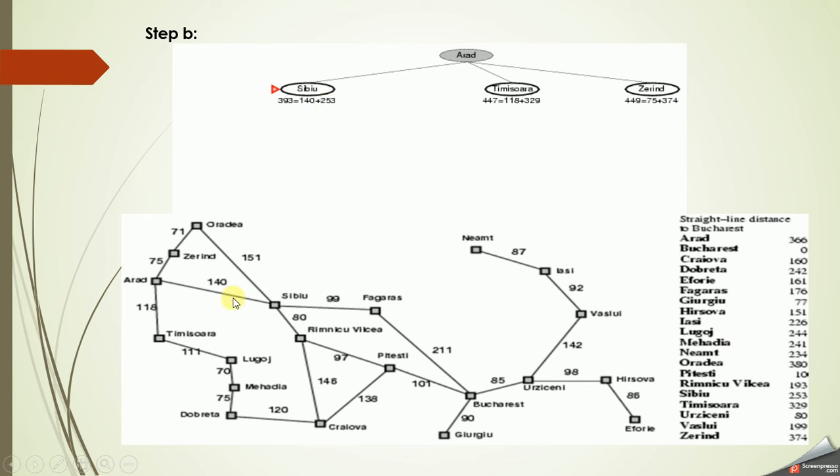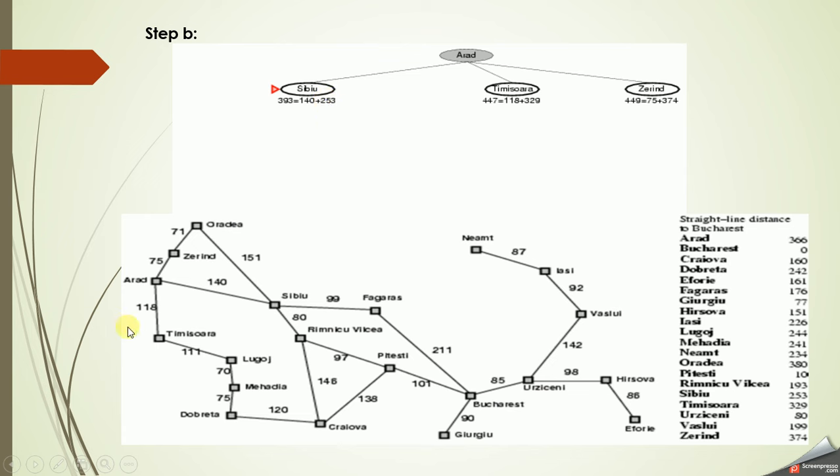Arad to Sibiu, what is the path cost? It is 140, plus Sibiu's heuristic function, which is 253. So 140 plus 253, we have got 393.